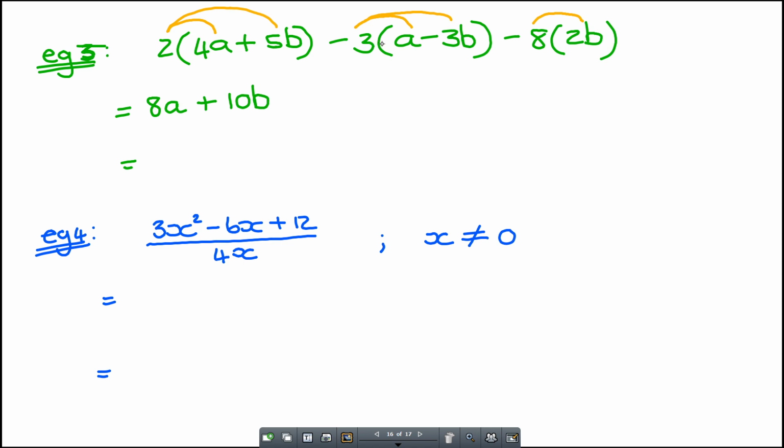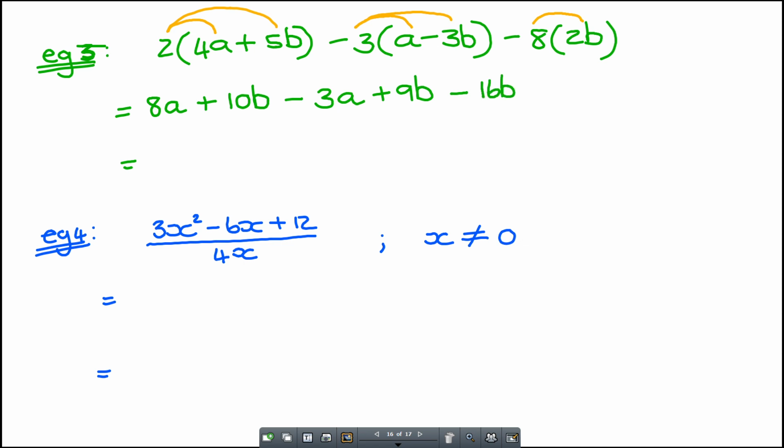Now I've got to multiply in not just the 3, but minus 3. So minus 3 times a will become minus 3a. Now, minus 3 times minus 3b will become positive 9b. Good. Who got it right so far? Good. Okay, now minus 8 must be multiplied in with a 2b, and that gives me minus 16b.